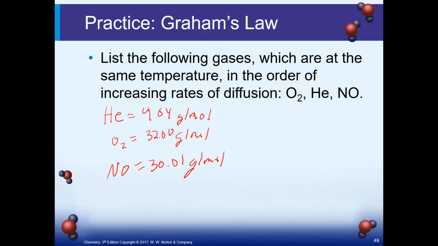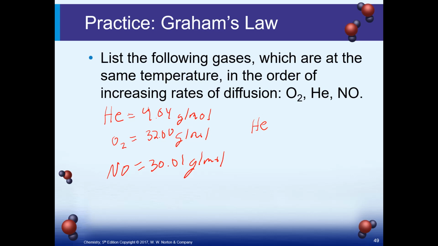So if we think back to what we've talked about, which of these would diffuse the fastest? Well, they're going to diffuse inversely to their molar mass. So you would expect the lightest gas to diffuse the fastest.